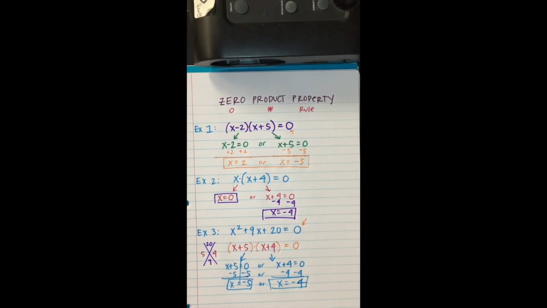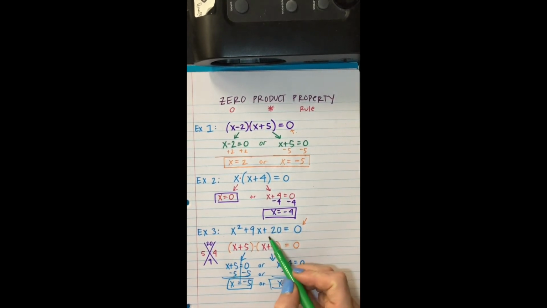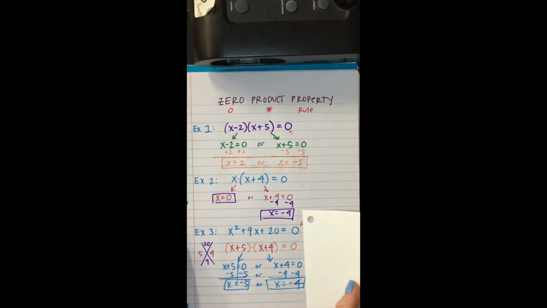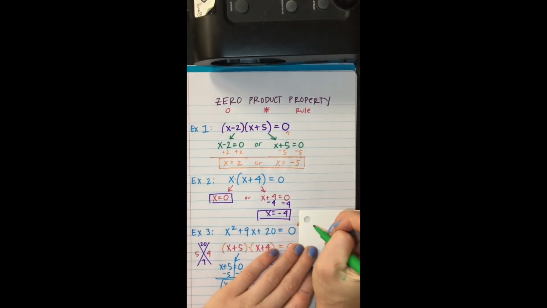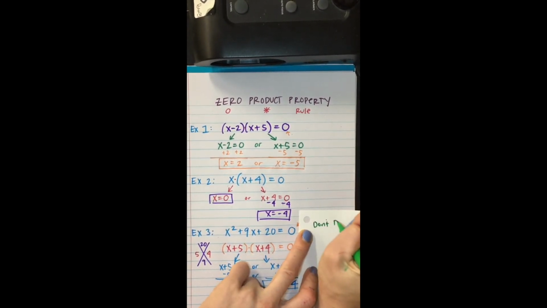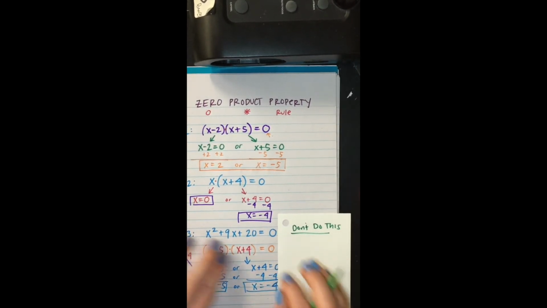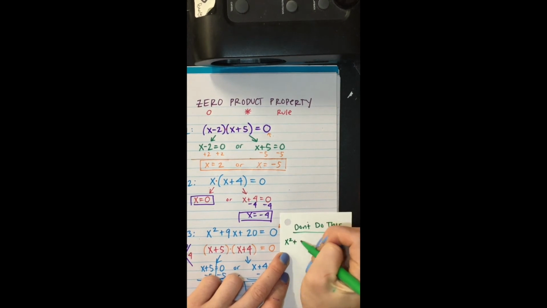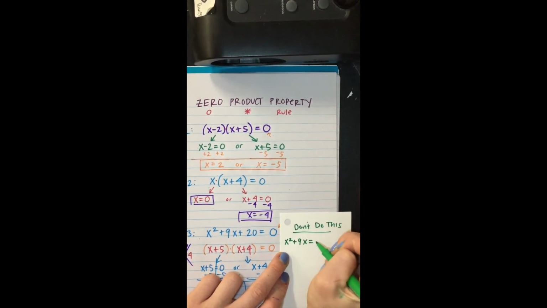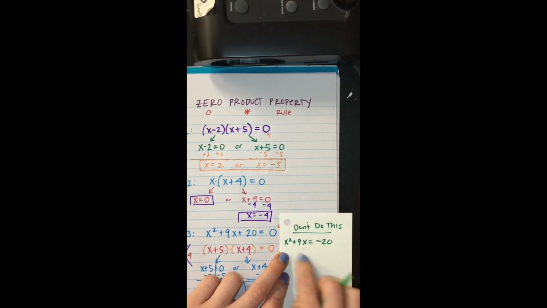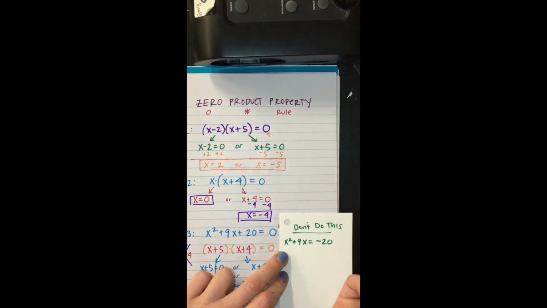Now, you might be tempted here to say, I don't know, subtract 20 from both sides. I'm going to write a note over to the side. Don't do this. Don't subtract 20 from both sides to solve this, because then, how are you going to solve it?